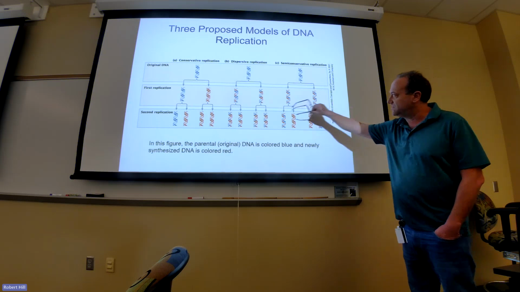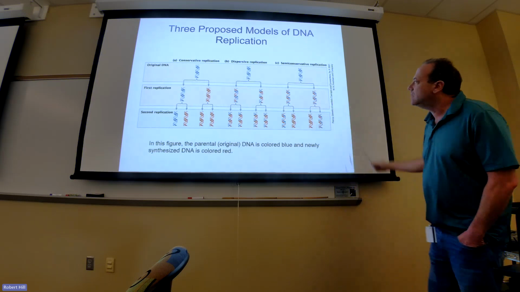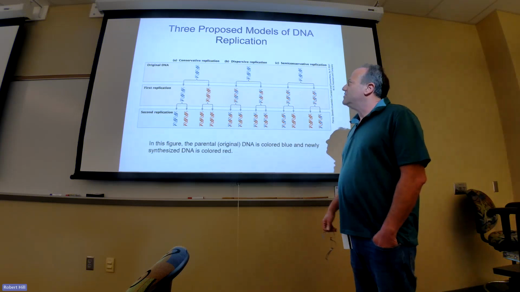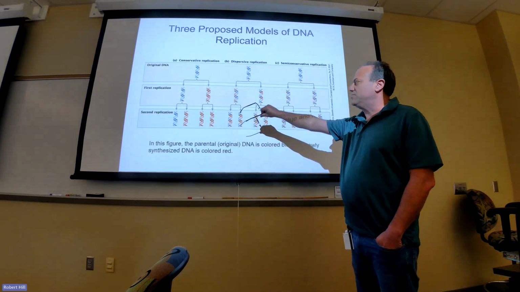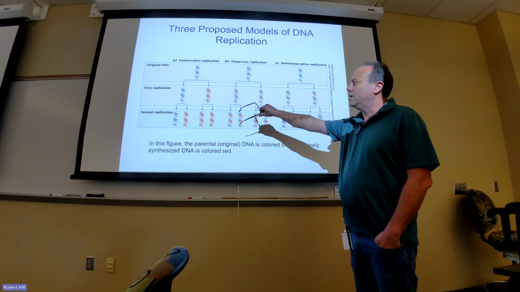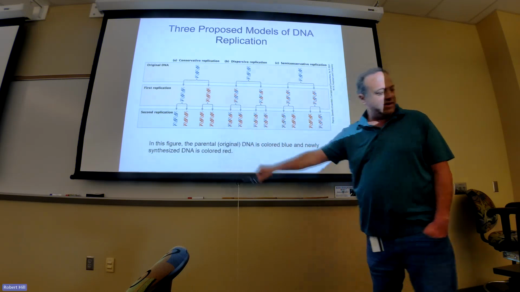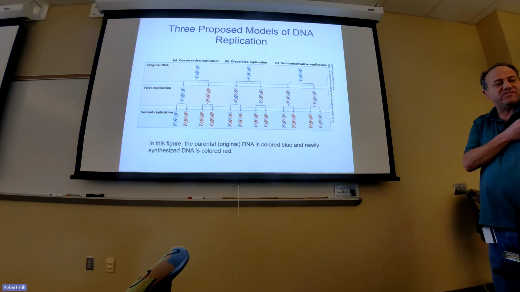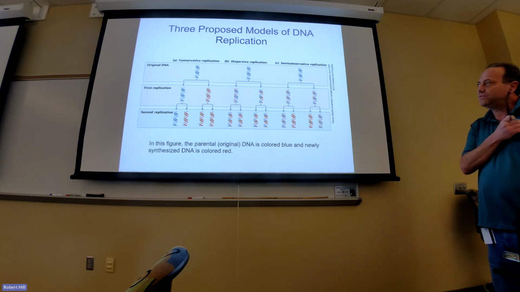Right down here, if you look at the total, it's still 50% parental and 50% daughter. In the conservative model, though, you start to lose parental DNA rather quickly, right? You have 1 copy in the second generation that is fully parental.